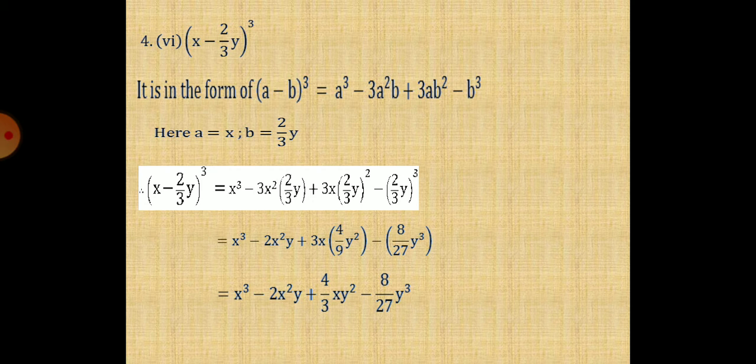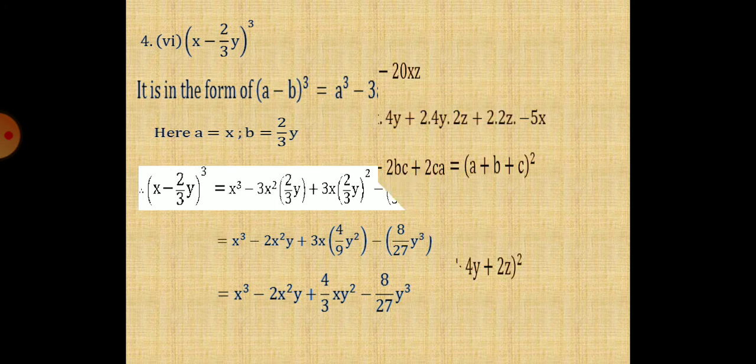So the expanded form of (x minus 2 by 3y) whole cube is x cube minus 2x square y plus 4 by 3xy square minus 8 by 27 y cube.